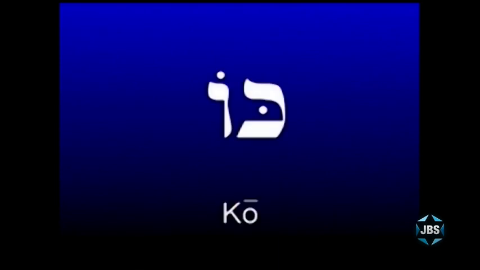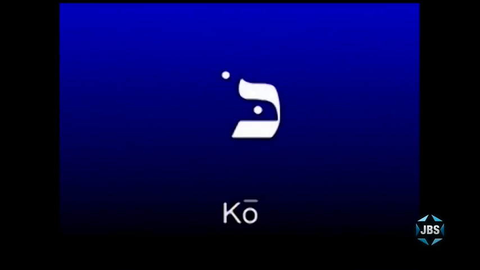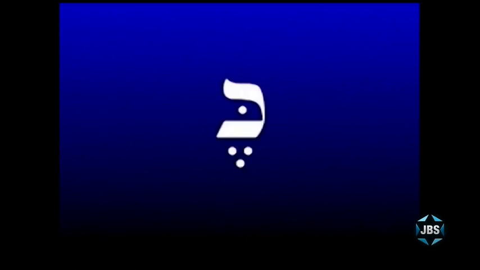How about this syllable? Ko is correct. Mitsuyan. And this syllable? Ko again. The cholam chaser. It's still ko. How about this syllable? Ke is correct. Mitsuyan.